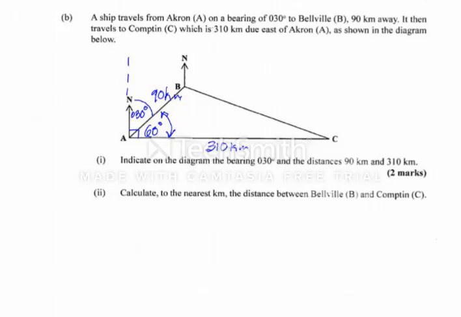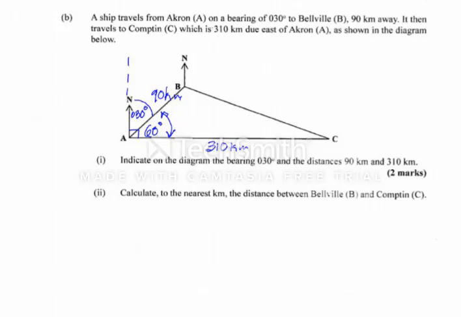Because the angle between north and east, remember C is east of A, is 90 degrees. So you take away 30 from 90, you get 60.